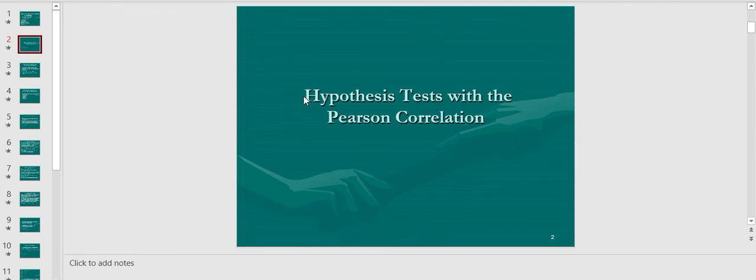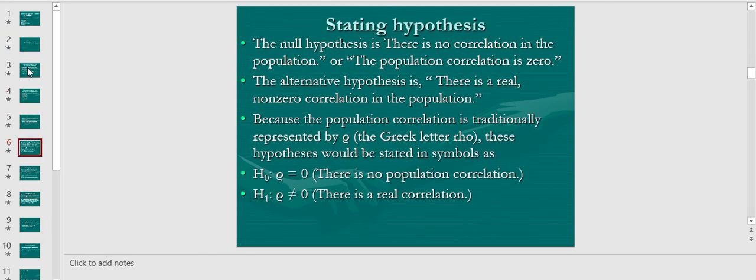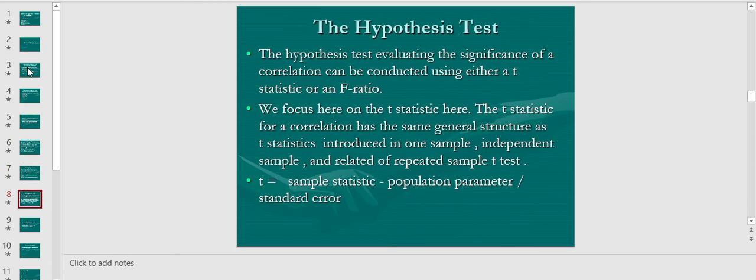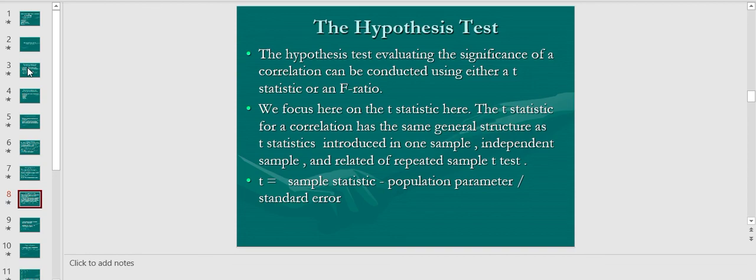Today we have learned hypothesis testing with the Pearson correlation. We practically computed the t-value. Before computing the t-value, we followed the four steps for testing the hypothesis.